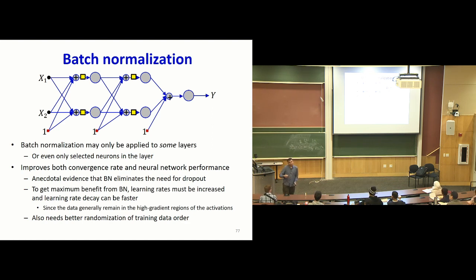Which means you can now increase your learning rates and learn faster. You're in a good region. So if you're using ReLUs, using 0 as your standard mean is probably not a very good idea because half your data is going to end up in the 0 region where there is no derivative.